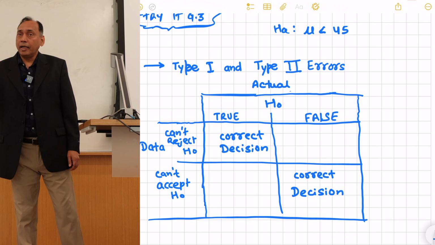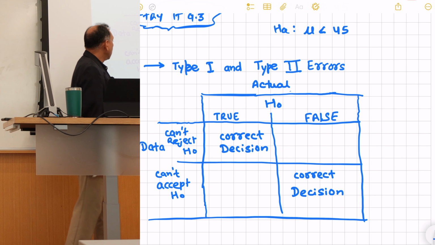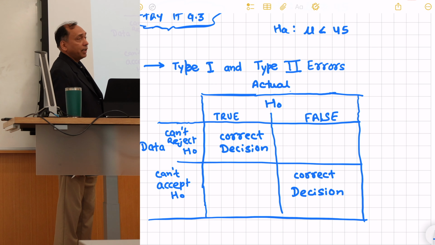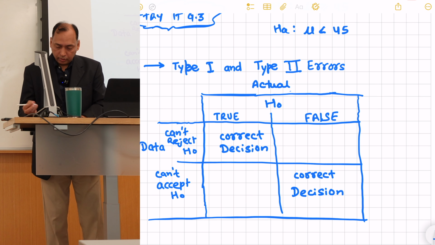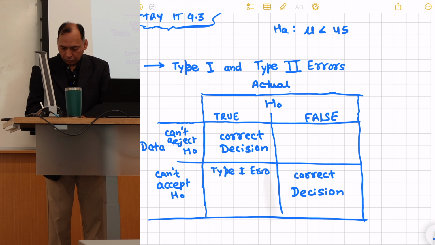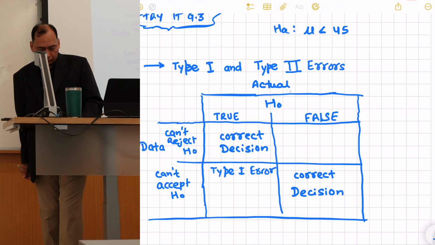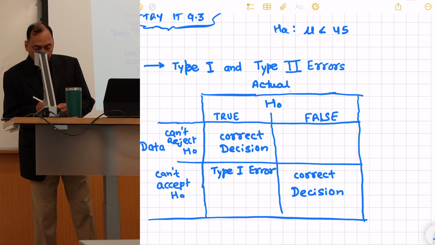So reality is that students prefer chips, but your sample says actually chocolates. So that error is called type 1 error.